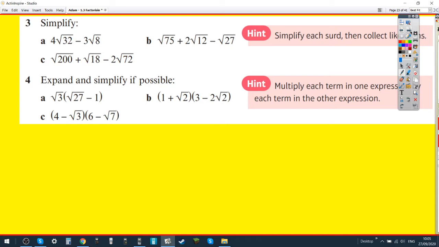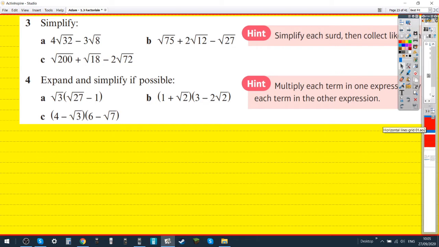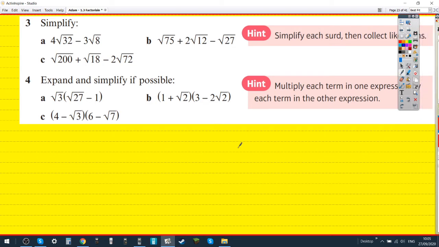Let's see. Any idea how you do 3B? No. So the big idea, let me do a different question. Question 5.